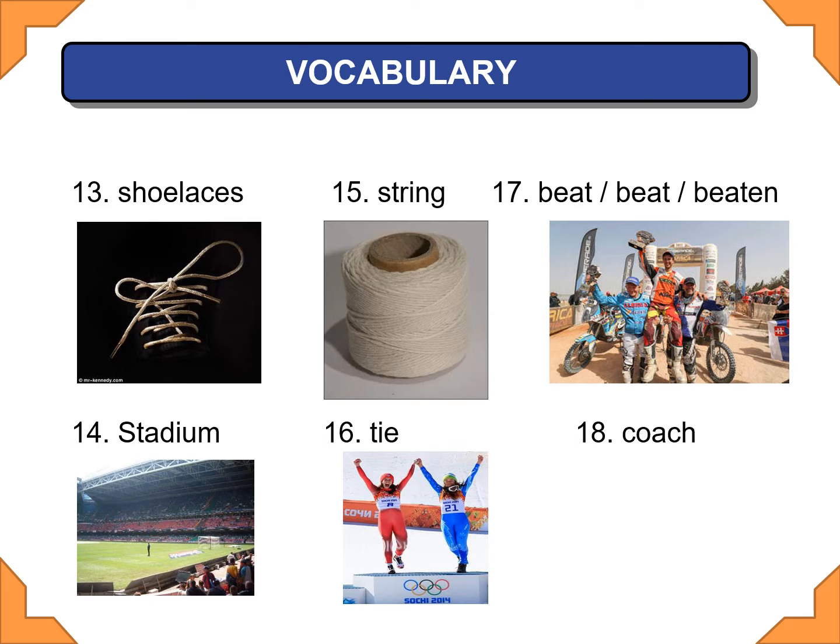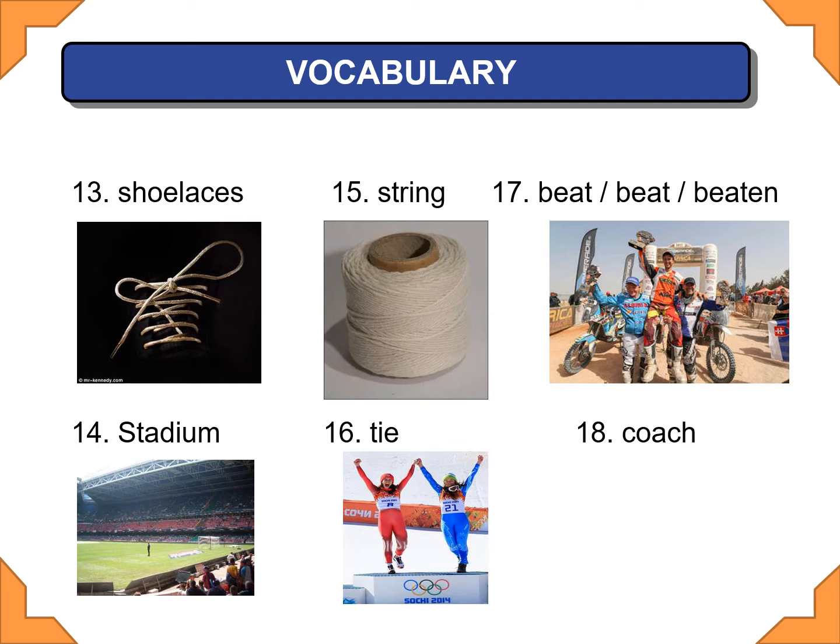Stadium is the place where sports are performed. Like, for example, Camp Nou in Barcelona, for example, the stadium, that's a stadium. Tie. You refer to tie, and it has several meanings. The first one is attach, fasten.